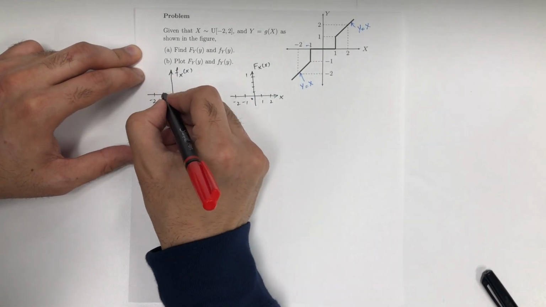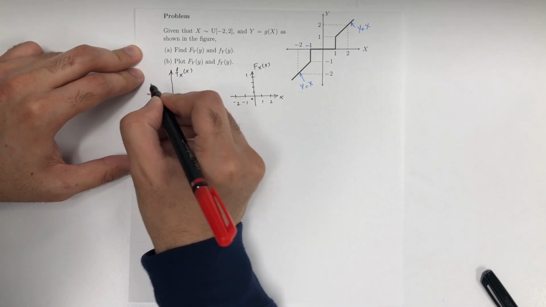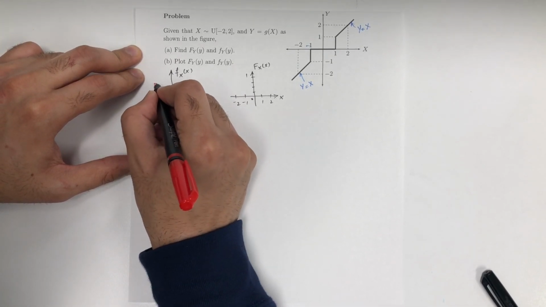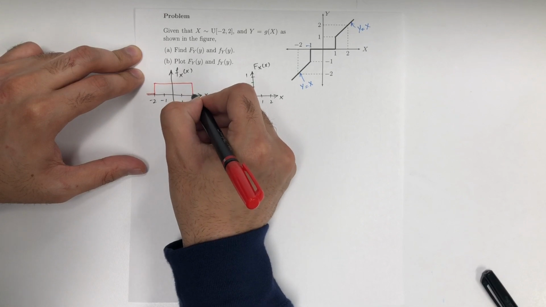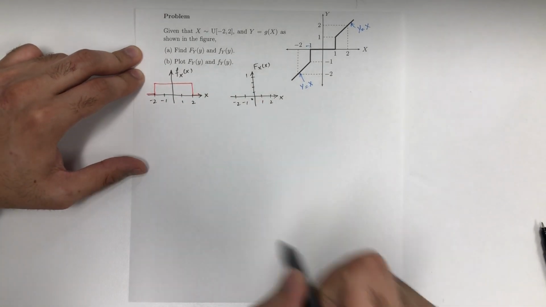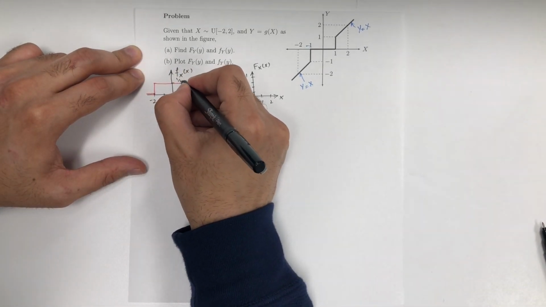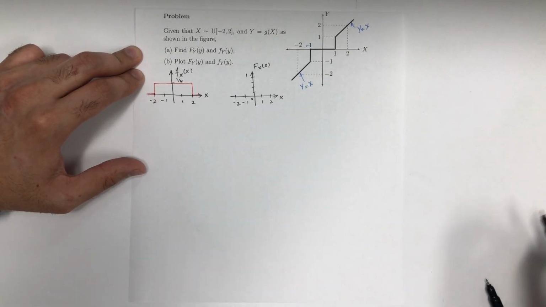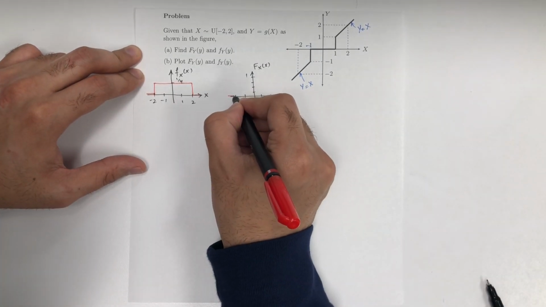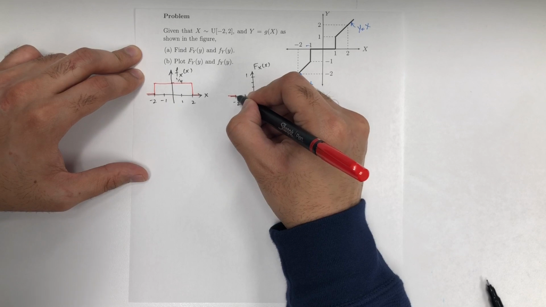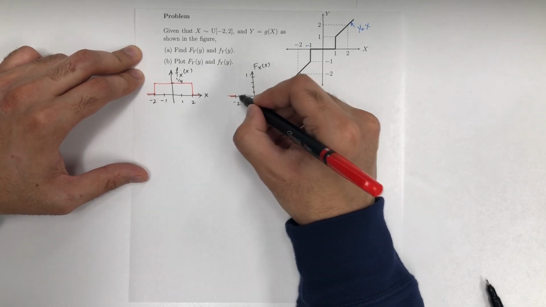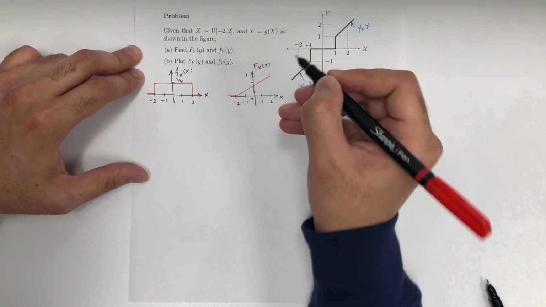So the density function looks like a rectangular function between -2 and 2, where the height is 1/4. And the distribution function will be a linearly increasing function from being 0 at -2, going all the way to 1 at 2.